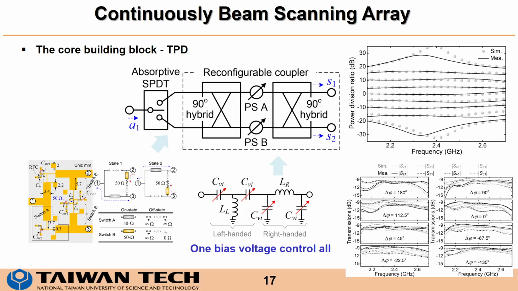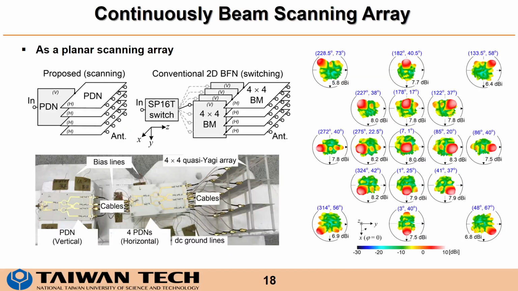And when we integrated that on the structure, we got the result that the overall gain of the array is around 8 dBi at the maximum, and the minimum is around 5.8 dBi.